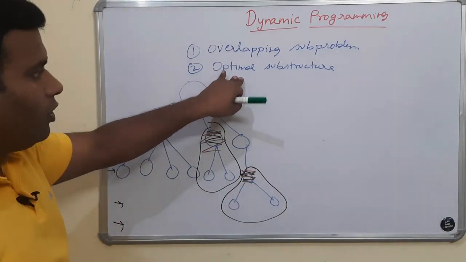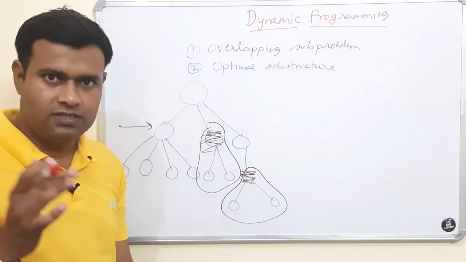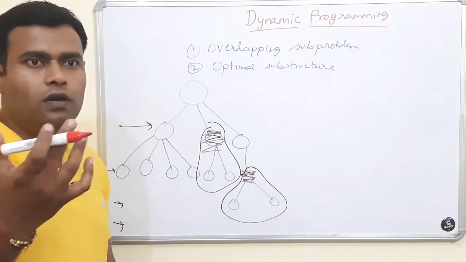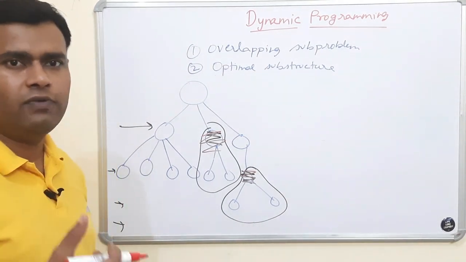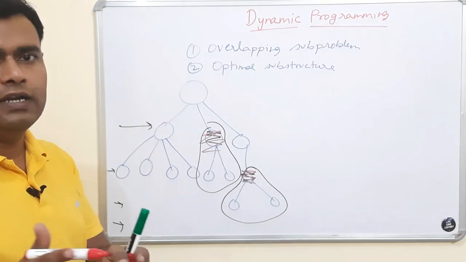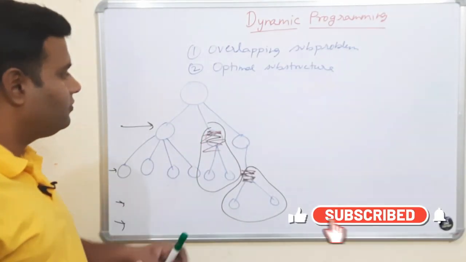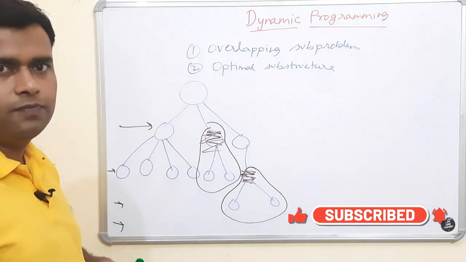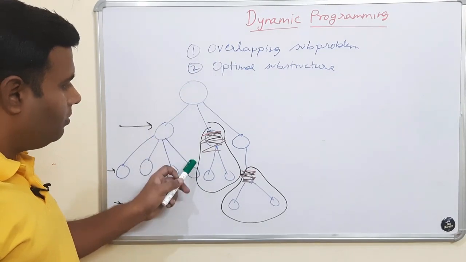Optimal means fastest or lower cost for an equal solution. The cost can be in memory, CPU, or any other resource.